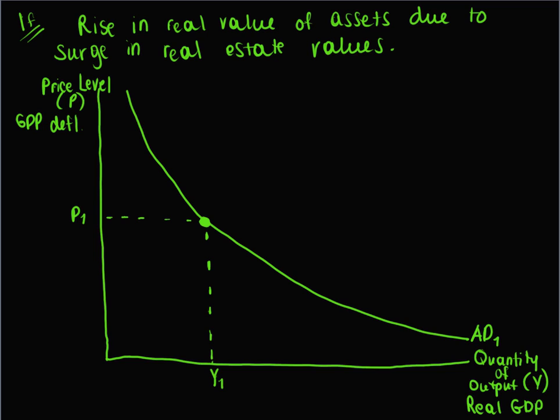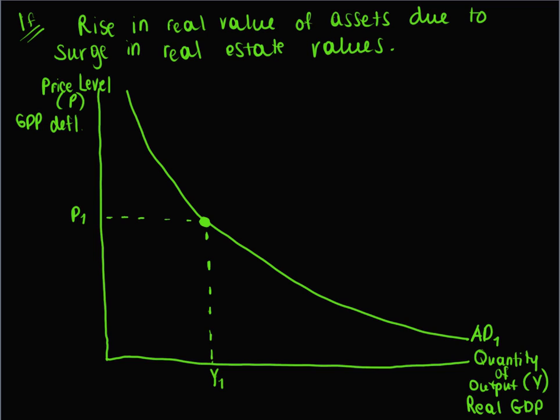Here, that is not why our assets have risen in value. Our assets have risen in value because of a very specific market where values have increased, and that's the real estate market. So because we are not changing as a result of the price level, this represents a shift of my demand curve, okay?